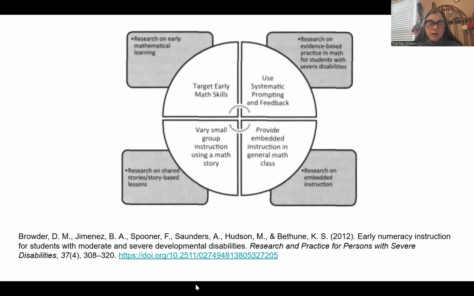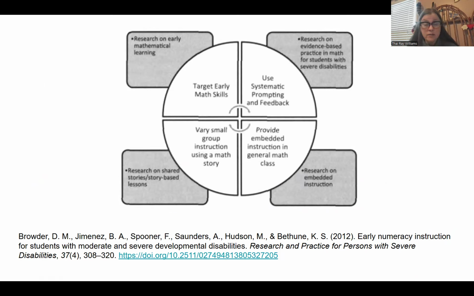All right, you read an article, Early Numeracy Instruction for Students with Moderate and Severe Developmental Disabilities. And really, this is just to show you what early numeracy looks like. We want to make sure that we are targeting those early math skills because those early math skills are the foundational skills for all other math across all grade levels.